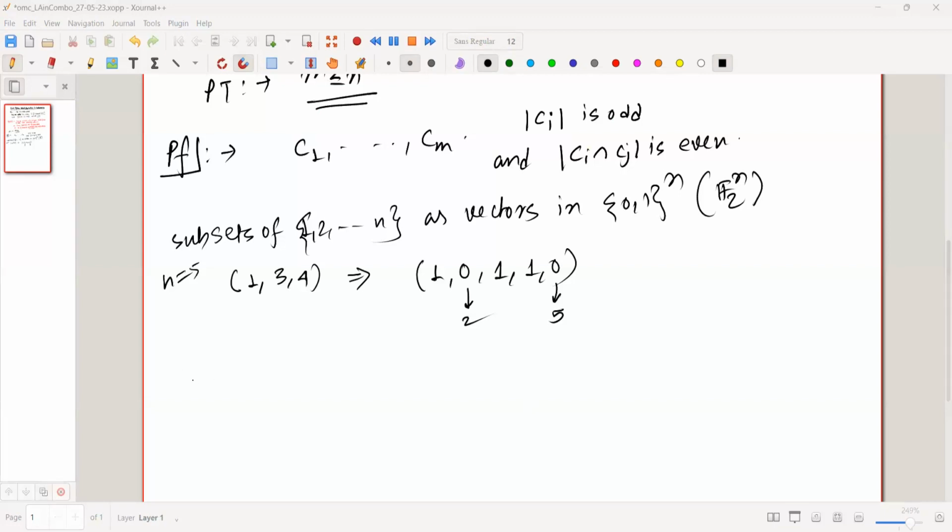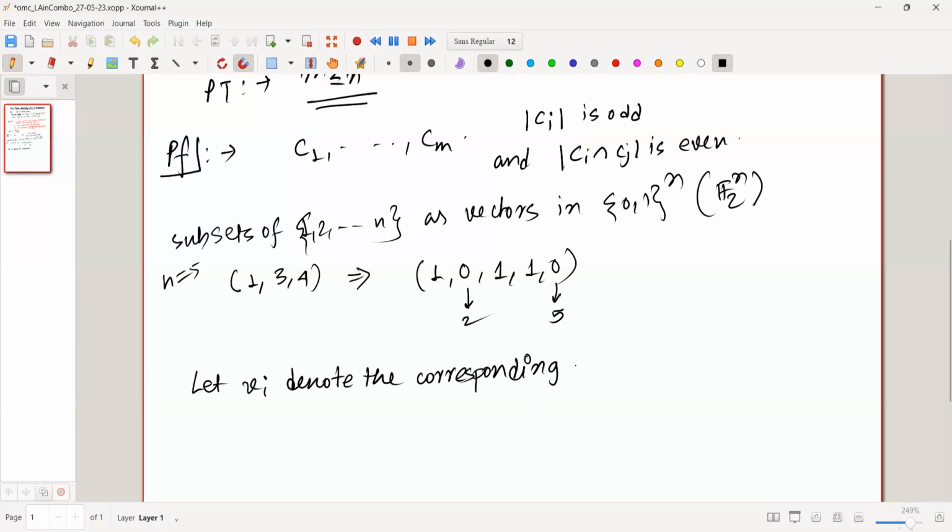Now let Vi denote the corresponding vector for Ci. We have that the dot product of Vi and Vj is always even. And what else can you say about the Vi themselves?